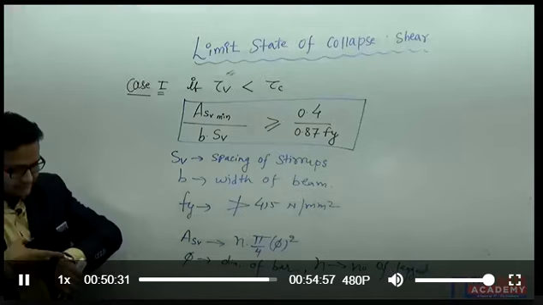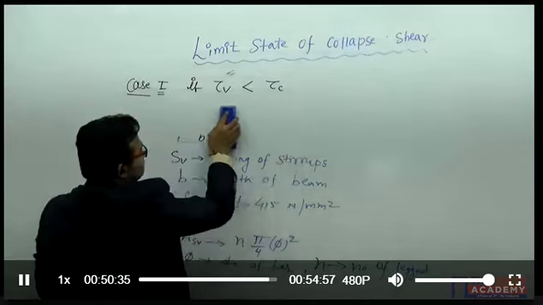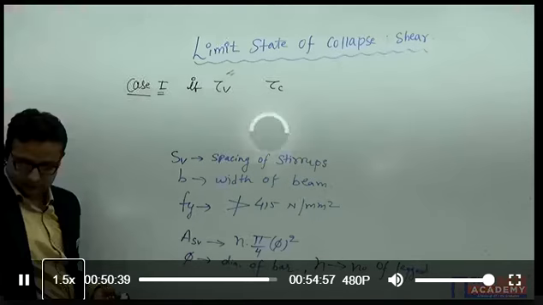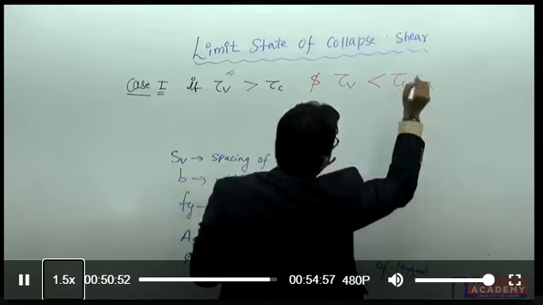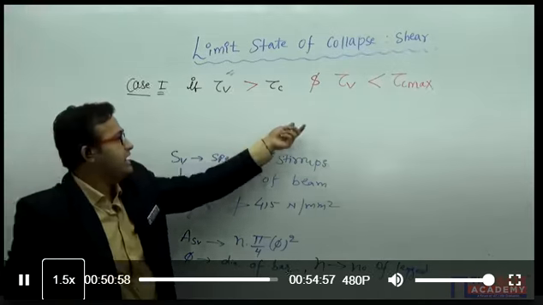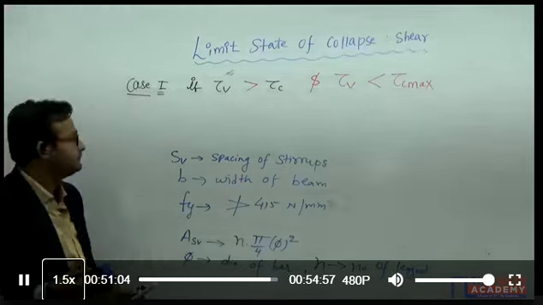Now the second case, case 2. If you see the condition, tau v is greater than tau c and tau v is less than tau c max, then we need to design the shear reinforcement.